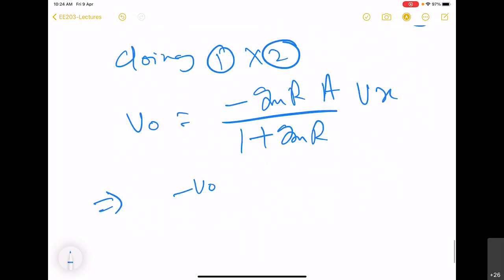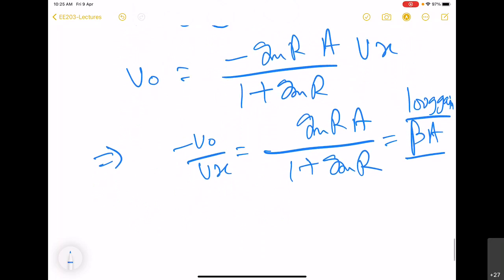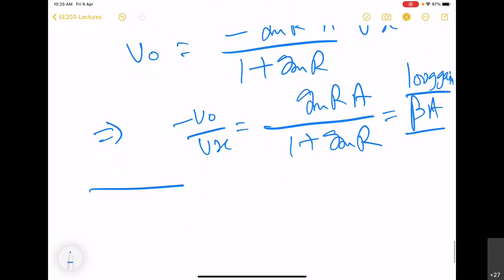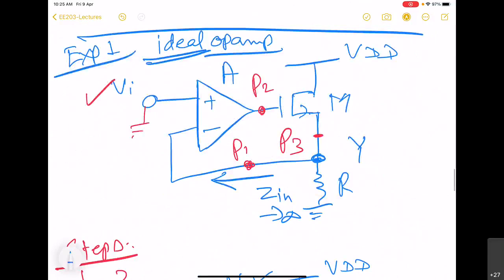So minus VO by Vx is equal to gm R A divided by 1 plus gm R, and this is equal to the loop gain beta A. So we got this result by breaking the loop at point P1 here.